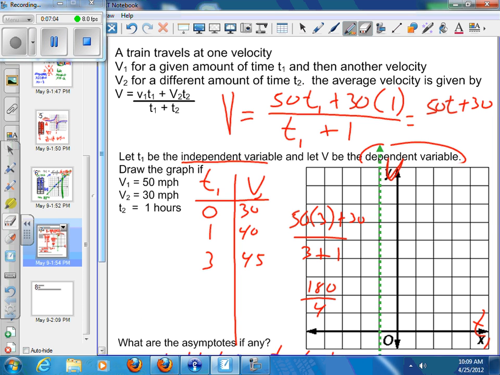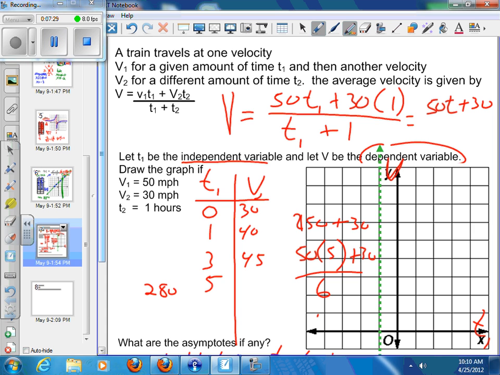How about a 4 or a 5? Let's put in a 5. Let's go bigger and see what's happening out there further. So 50 times 5 plus 30 all over 6. 5 plus 1 is 6. So 50 times 5 is 250. Plus 30 is 280.